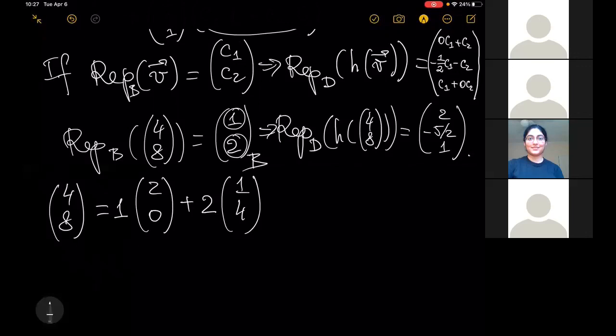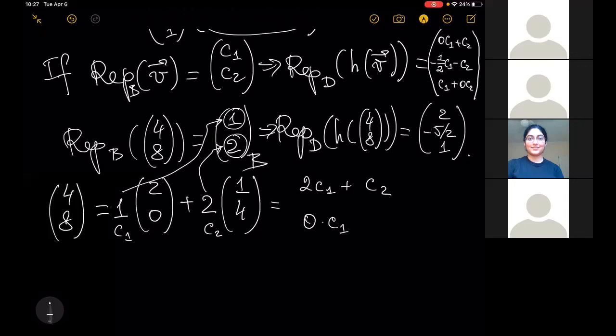Is it clear or not? Yeah, that's clear. Thank you. And in these problems, you are given a vector and you need to represent it with respect to some basis, right? So essentially you need to solve a system of linear equations. You can write this as C1, C2, and then you will get 2C1 plus C2, and here 0 multiplied on C1 plus 4 multiplied by C2.